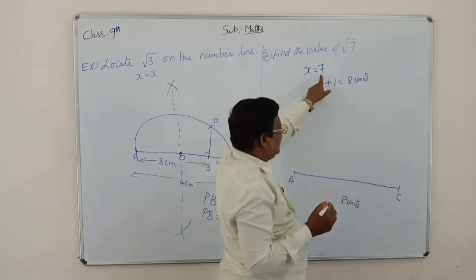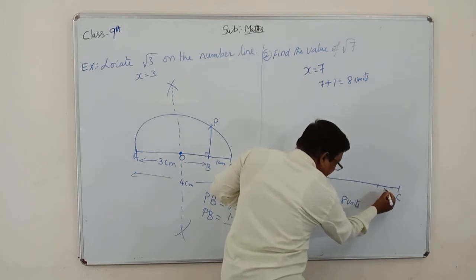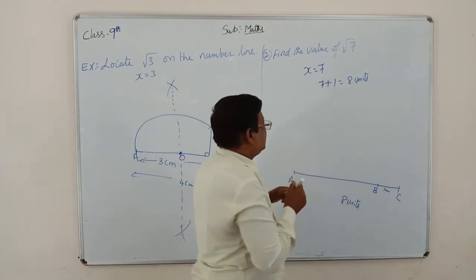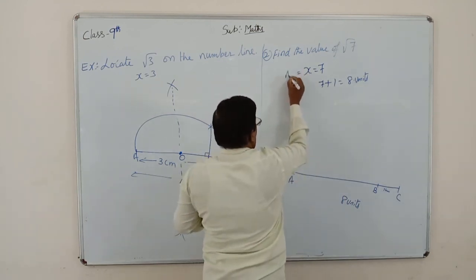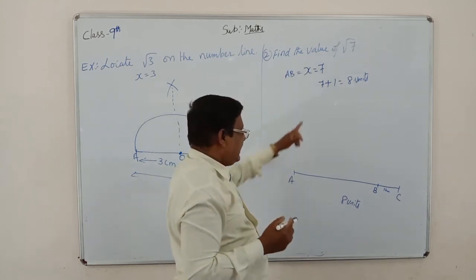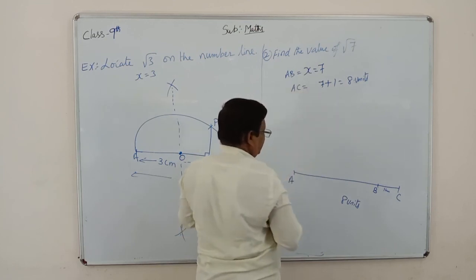Here, what is the x value? 7. From here to here, 1 unit, this is B. It means AB is equal to x, which is 7 centimeters, and AC is equal to 8 centimeters.